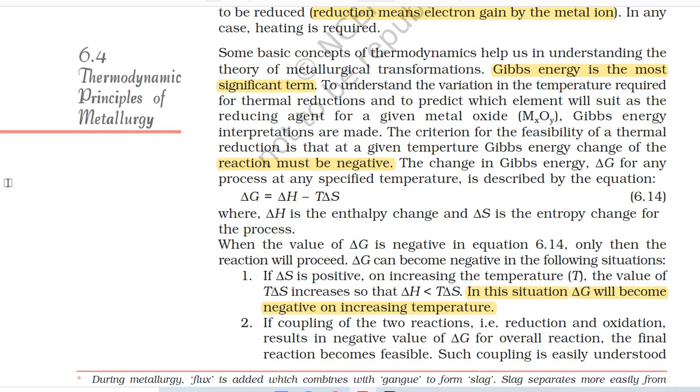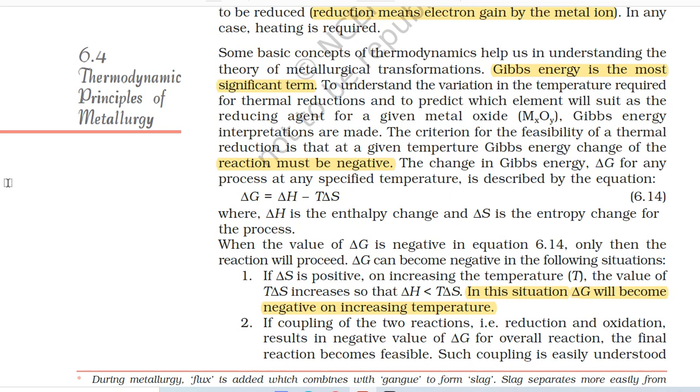6.4 Thermodynamic Principles of Metallurgy. Some basic concepts of thermodynamics help us in understanding the theory of metallurgical transformations. Gibbs energy is the most significant term. To understand the variation in the temperature required for the thermal reductions and to predict which element will suit as the reducing agent for a given metal oxide, MxOy, Gibbs energy interpretations are made.